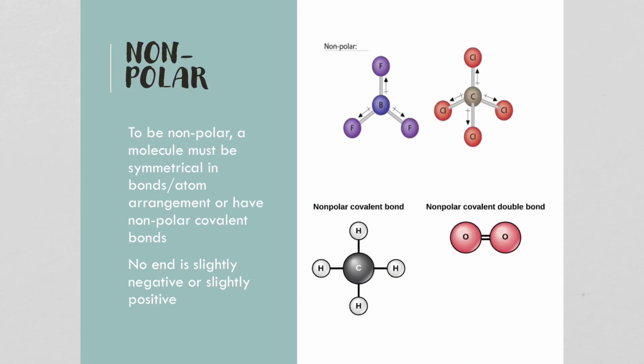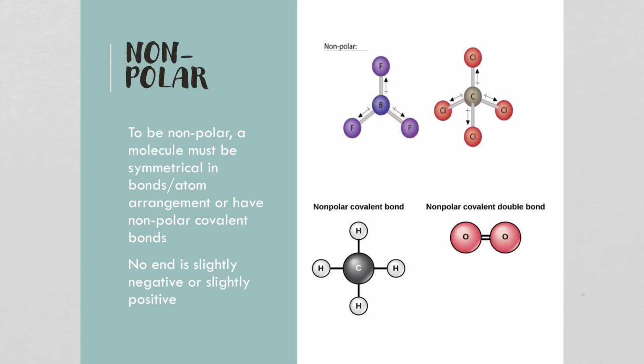So to be classified as nonpolar, a molecule has to be either symmetrical in bonds and atom arrangement or have nonpolar covalent bonds. So no end is slightly negative or slightly positive, or more negative or positive. So if you take a look here, we have BF3.